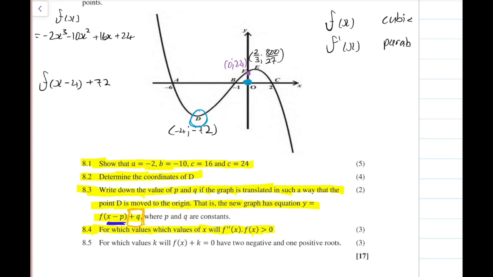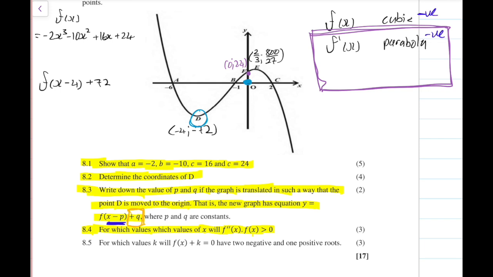And if we had a negative cubic, we'd have a negative parabola. Now, if I derive the parabola one more time, I'm going to get some sort of straight line, and remember that it is going to be a negative straight line.